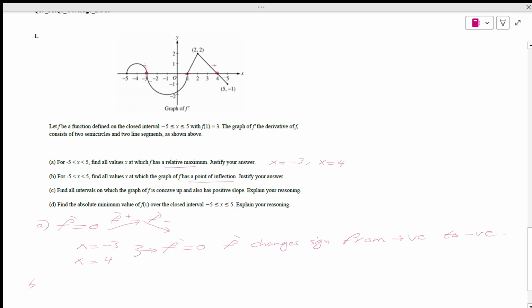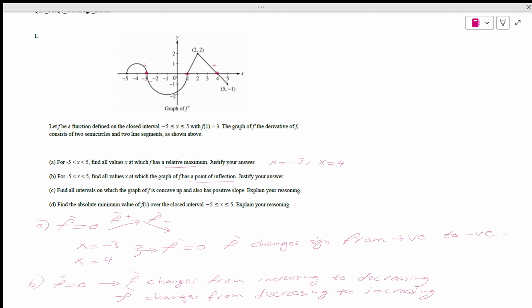At the point of inflection, we know that f double prime equals 0 and f prime changes from increasing to decreasing, or f prime changes from decreasing to increasing.